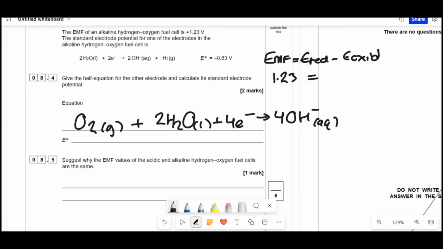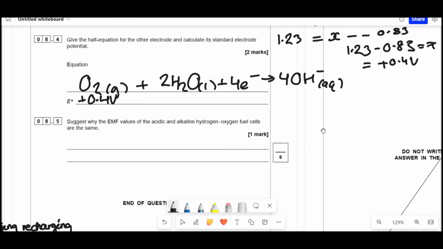And in the negative electrode, you've got this other one up here, and that one's being oxidized. So the reduction is going to be the one we're looking for, X, minus minus 0.83 volts.